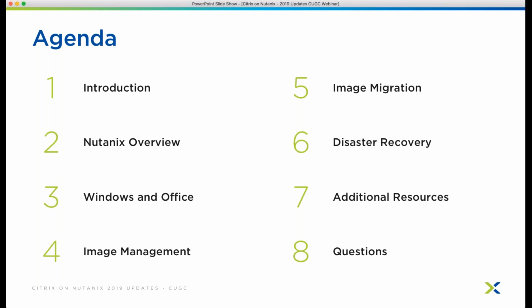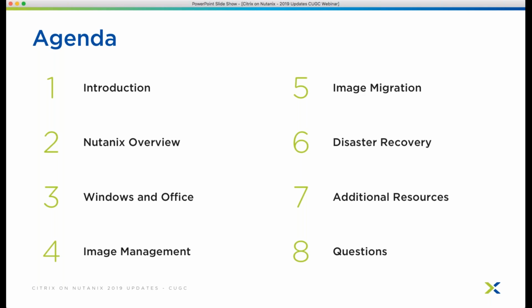So, here's the agenda today. We're going to talk about Citrix on Nutanix 2019 updates. We'll do an introduction, which we've kind of already done. We'll do a Nutanix overview. Some of you on the call may be new to Nutanix, but for those of you that run Nutanix today, there are some updates in the overview, so listen for that.